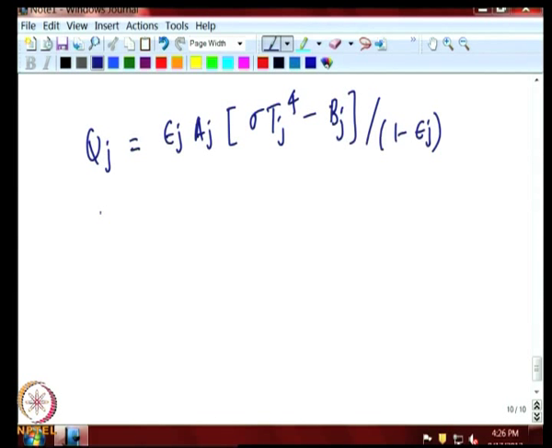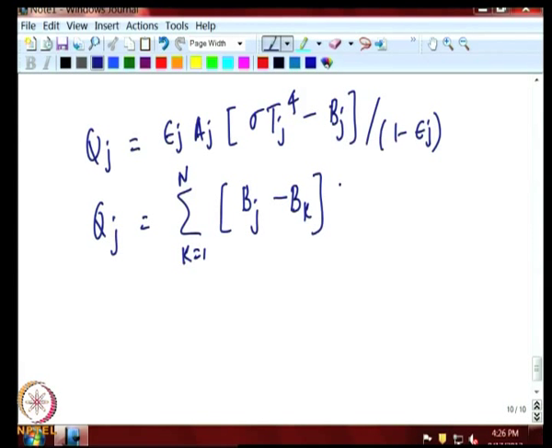Similarly, you can write Qj also as the sum over all k surfaces 1 to n, radiosity of surface j minus radiosity of surface k, into Aj Fjk. This we already derived when talking about the electrical analogy.